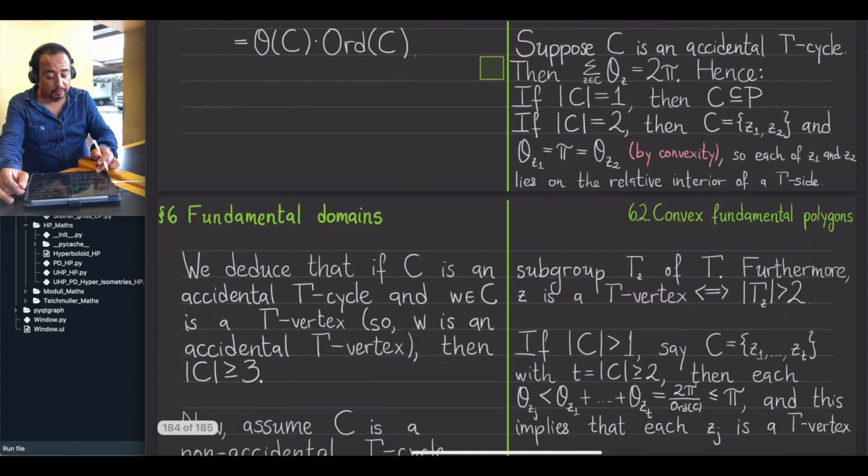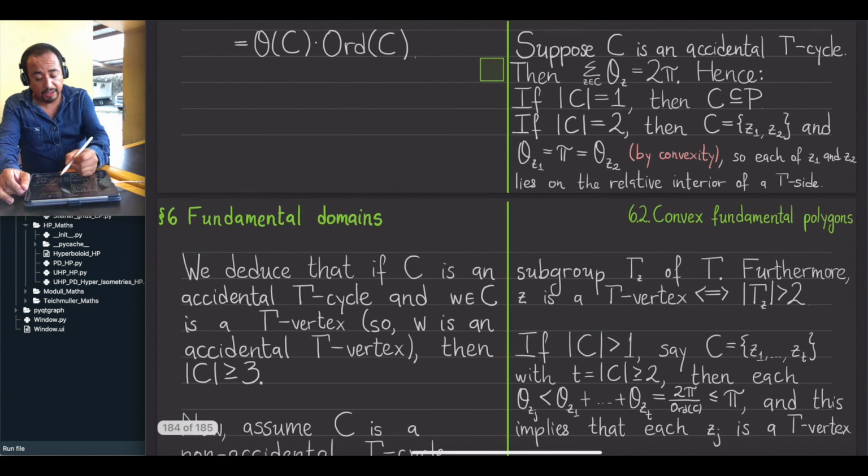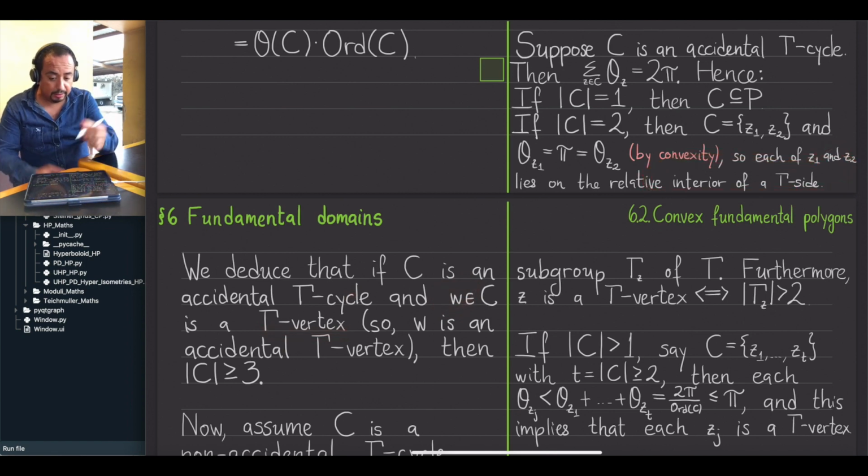And this automatically implies that if my accidental gamma cycle has a gamma vertex, then it must have at least 3 elements, right? Because otherwise I would have this contained in P, but then this wouldn't be a gamma vertex, or in the relative interior, and again it wouldn't be a gamma vertex.